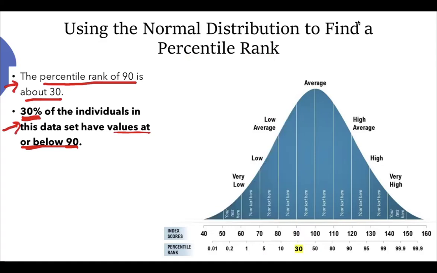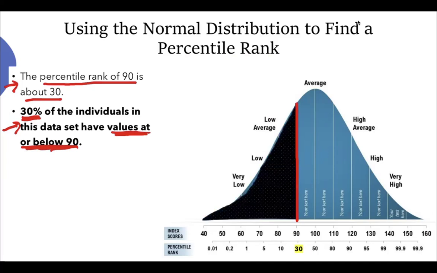Okay, so if we think about area now with percentile ranks, if we shade in the values at or below 90, so here's 90, we have a piece of area here, and that piece of area is the percentile rank.